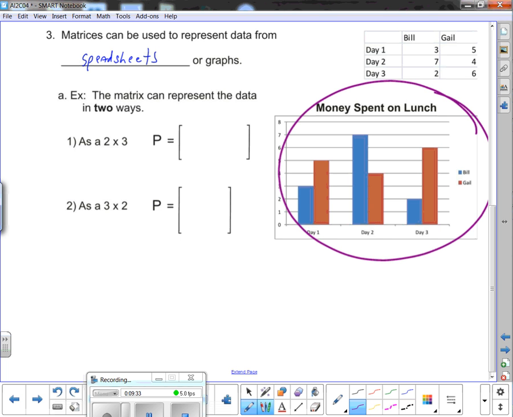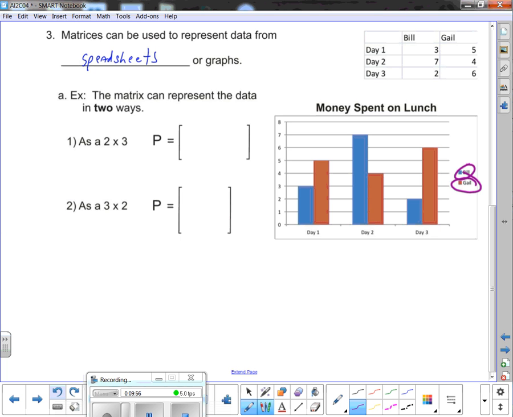So you can see right here, I just clicked on a feature, and there's all kinds of charts you can make from data. So the program, Microsoft Excel, took the data, Bill and Gail in the 2 columns, and day 1 data, day 2 data, and day 3 data, and produced this chart. And so you can see Bill is blue and Gail is red, right?